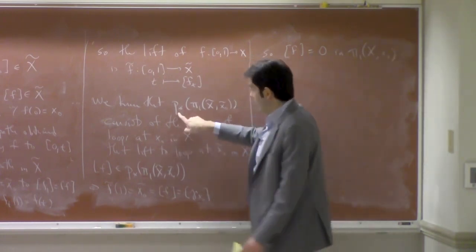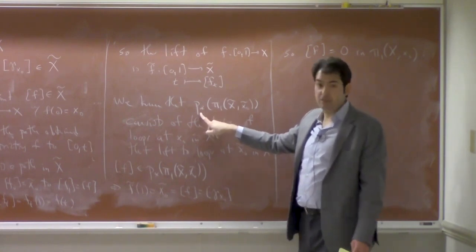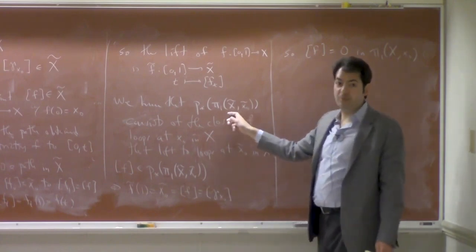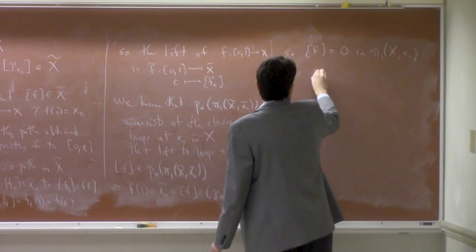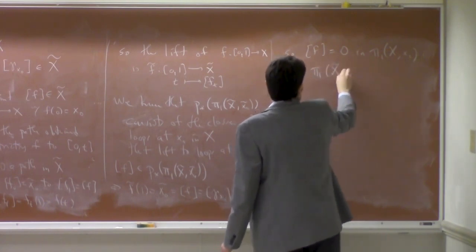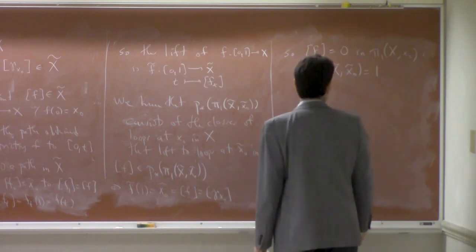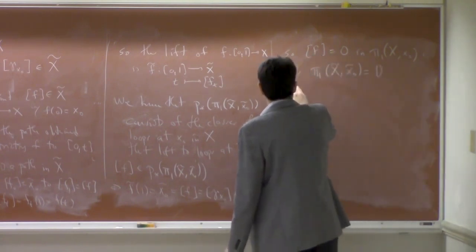But since we know that the induced map from a covering map is injective, if the image is just a trivial element, then this group has to have been the trivial group.